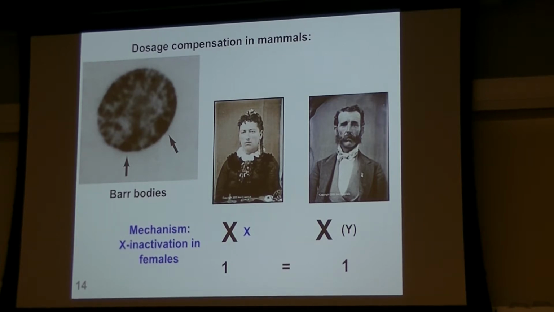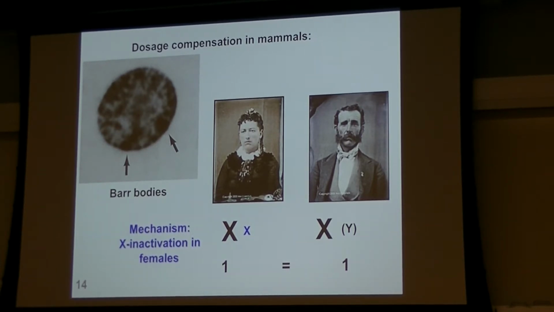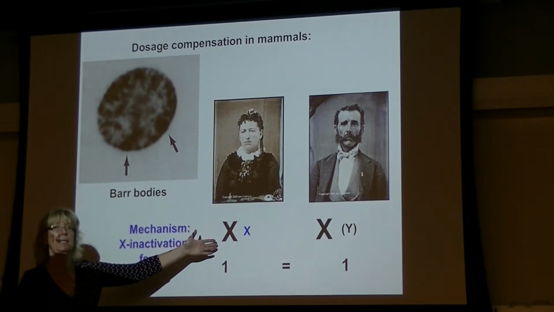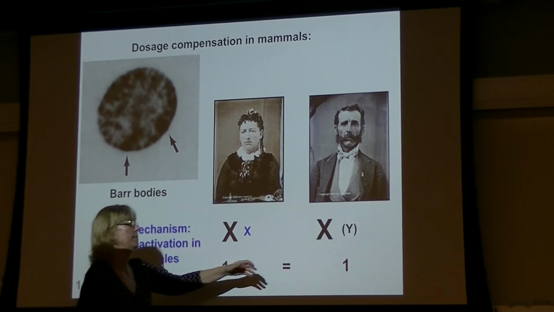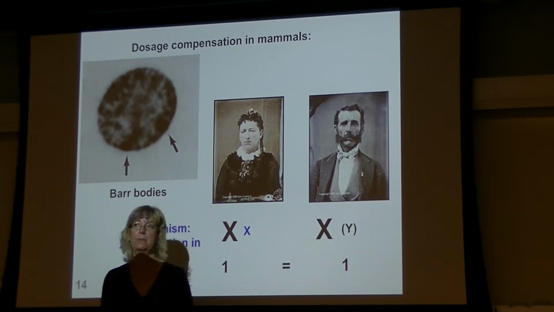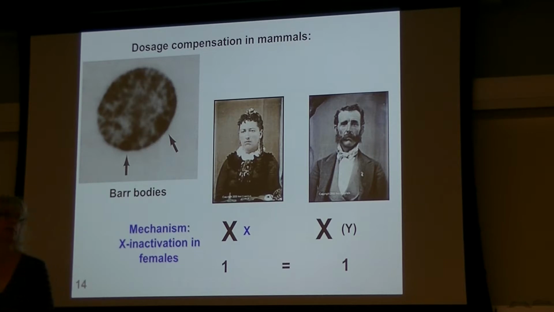It becomes this very dense structure known as a Barr body that you can see if you stain the nuclei appropriately. These Barr bodies are highly condensed and not transcriptionally active, and so that leaves one X to be normally transcribed, which will equate to the situation in males where they also have one X that's normally transcribed.